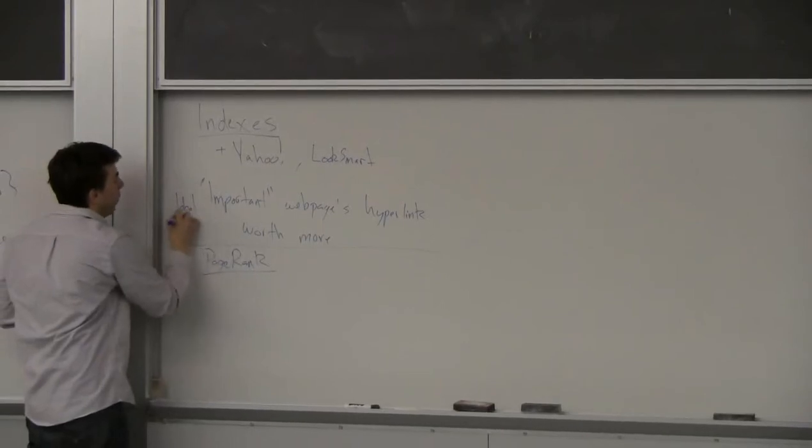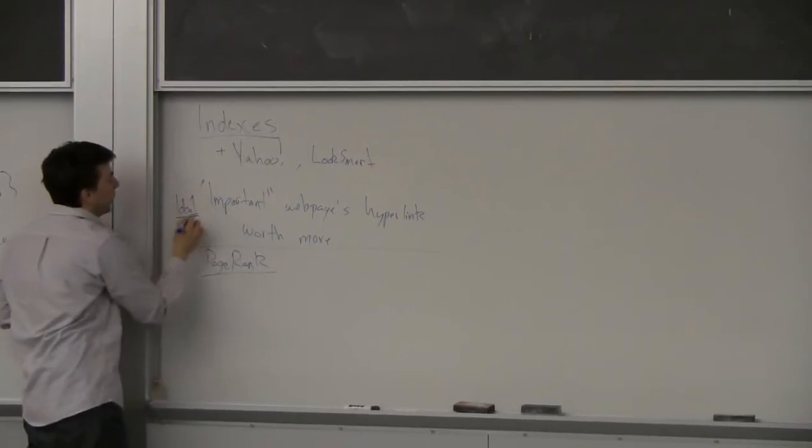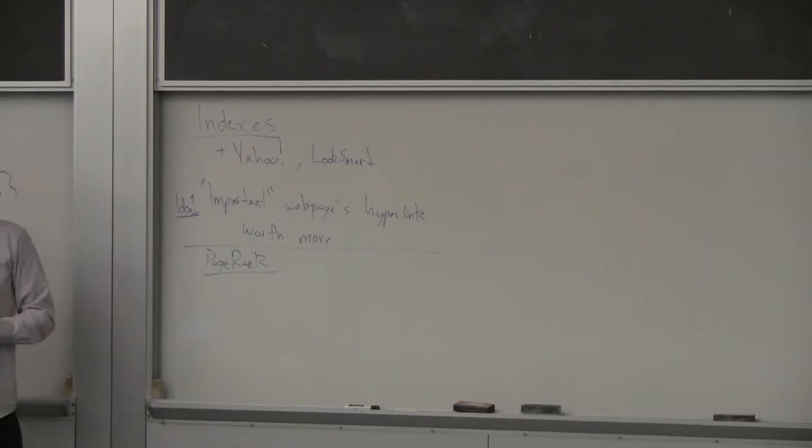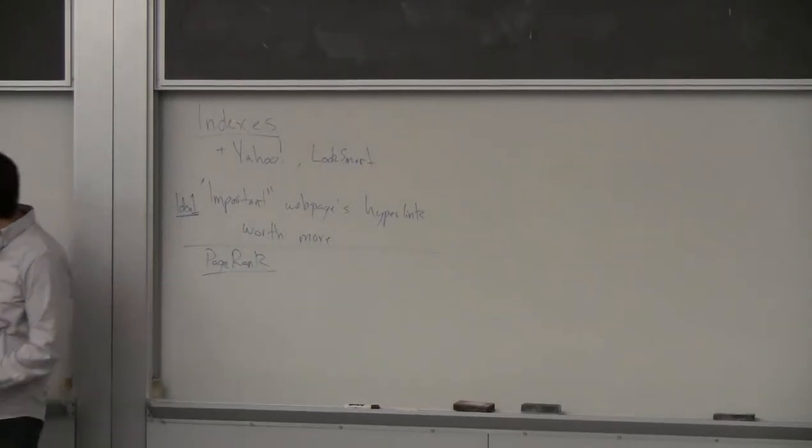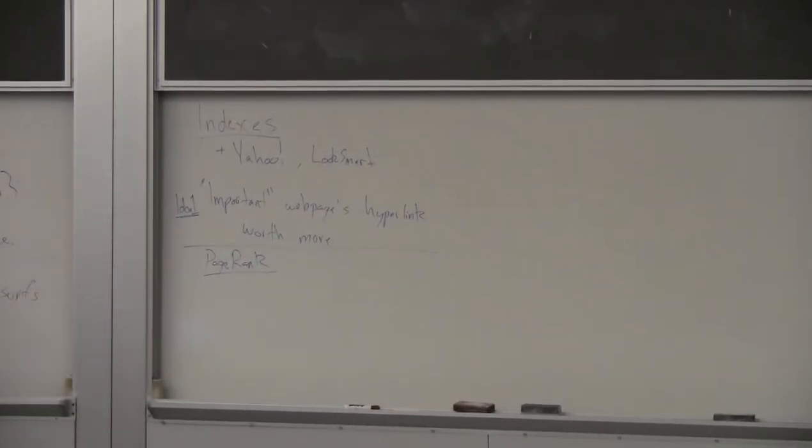Idea one: a web page is important if it is linked to by other important web pages. The idea of PageRank is to say which web pages are important. It's not necessarily saying anything about the relation to a certain keyword. That still needs some sort of magic based on cosine similarity and some other tricks. But it says, I want to link to pages which are similar to my keyword and are also important.